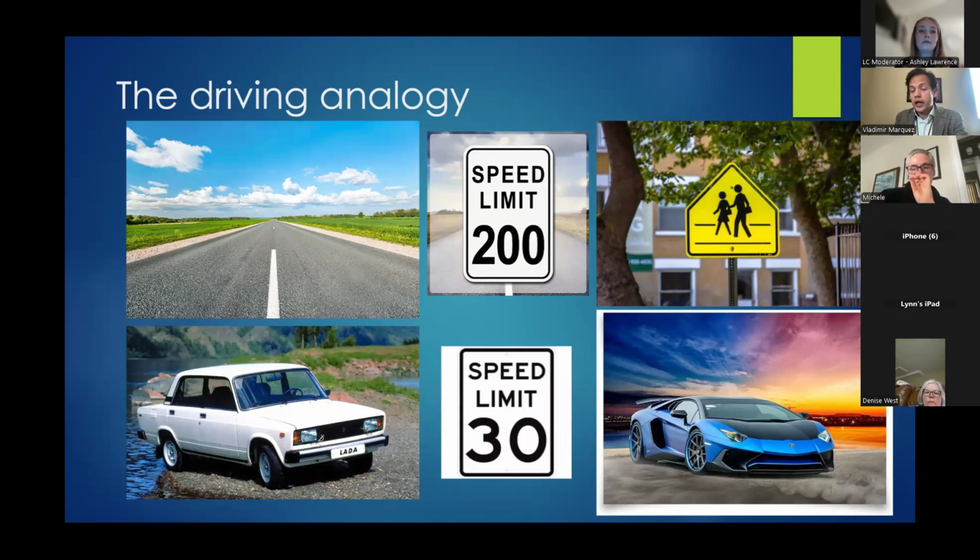So if you have some conditions that put you at risk of getting off road, then maybe your speed should not necessarily be 200 an hour. Maybe you should limit to 30 an hour. Okay? If you're not driving on a highway, but you're driving on the school zone, maybe also then you should keep your speed low.